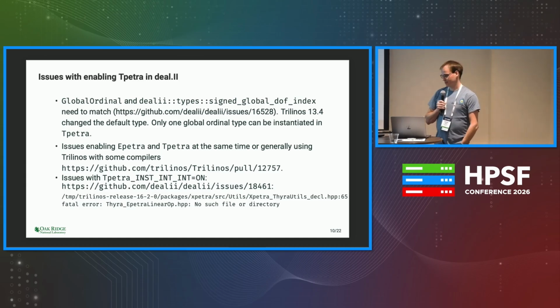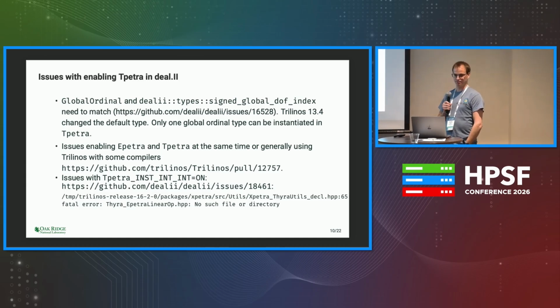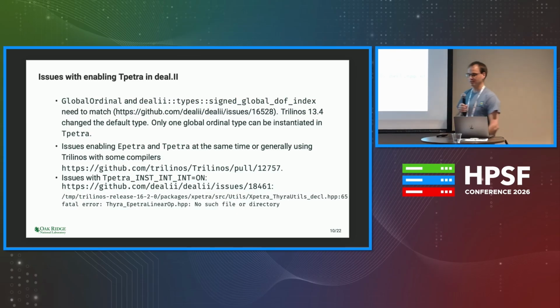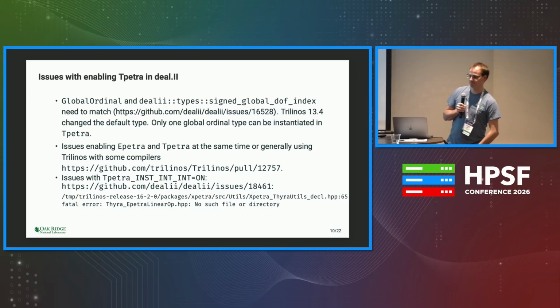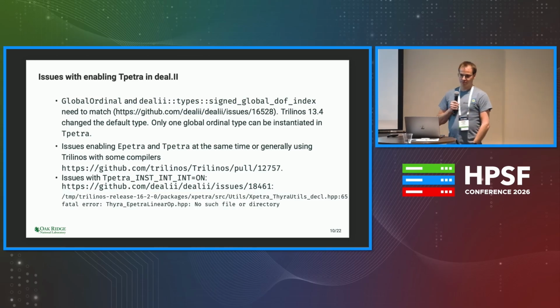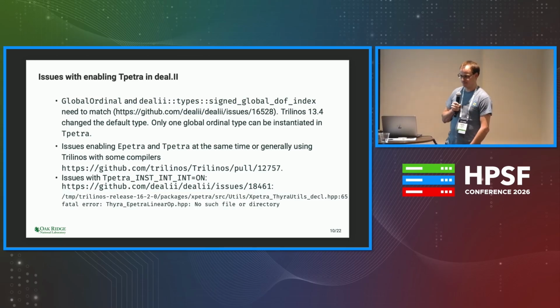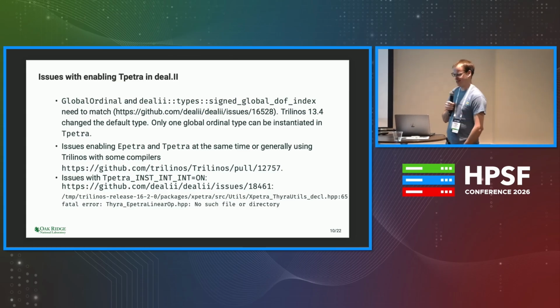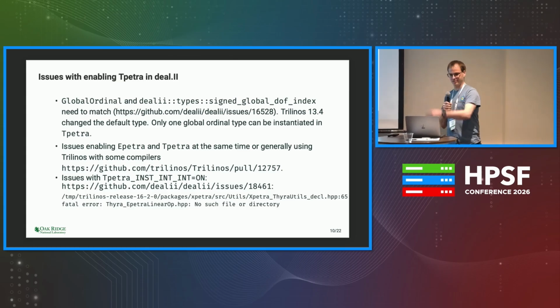we have a little bit of a problem that we need to decide on our own what kind of global ordinal type we have, and that needs to match Trilinos right now, because we tried to assign pointers somewhere, I think, but we need to look at that carefully.